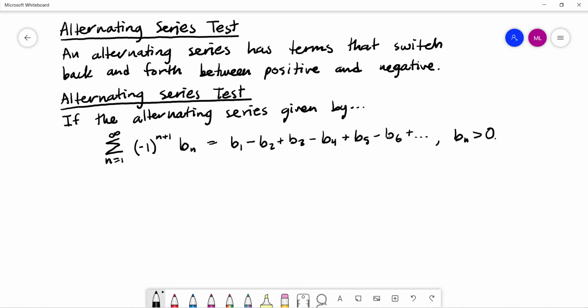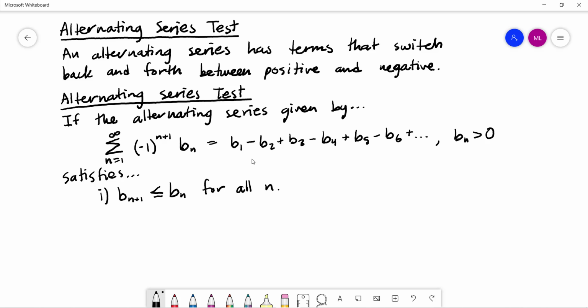So if this series satisfies condition 1, that b sub n plus 1 is always less than or equal to b sub n for all n.